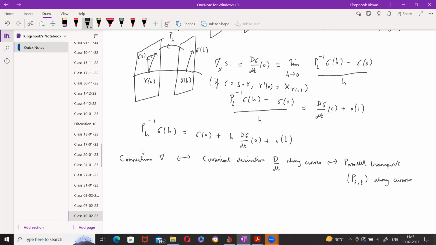Okay, so these three are all equivalent data. So instead of giving the connection, one could in fact give all the parallel transport maps along curves that would determine the connection equivalently. Okay.